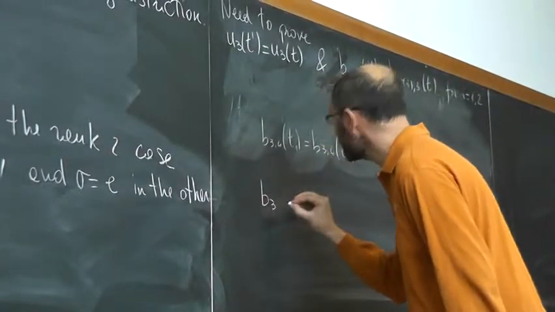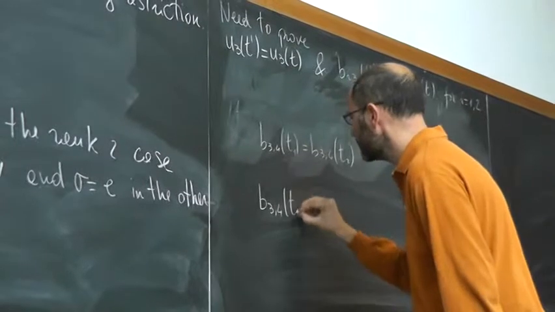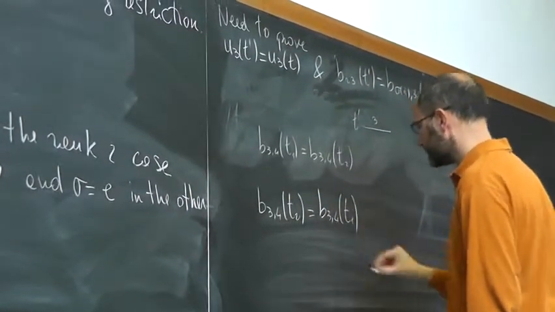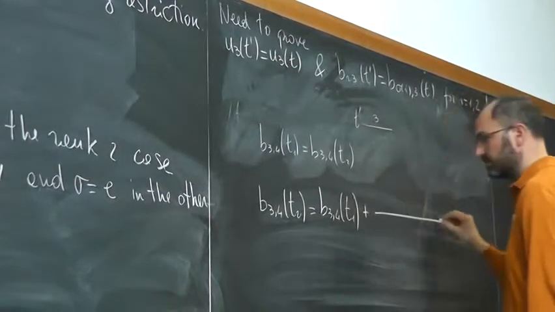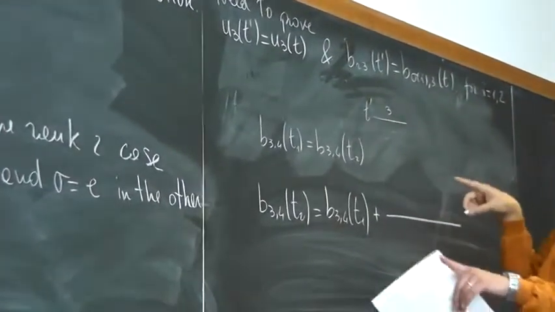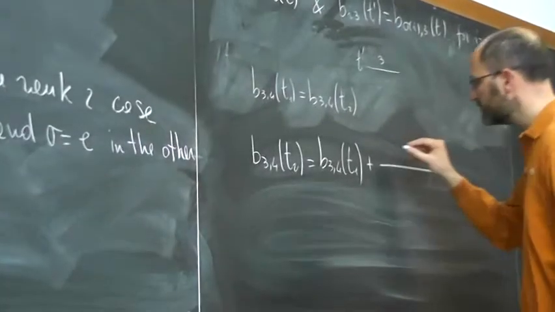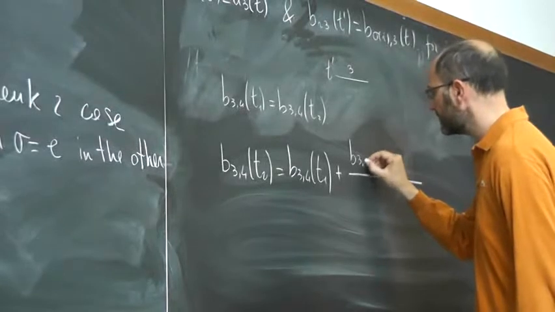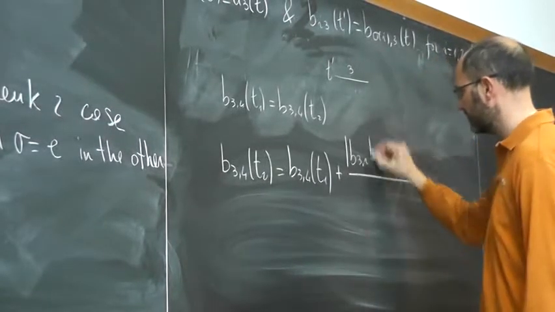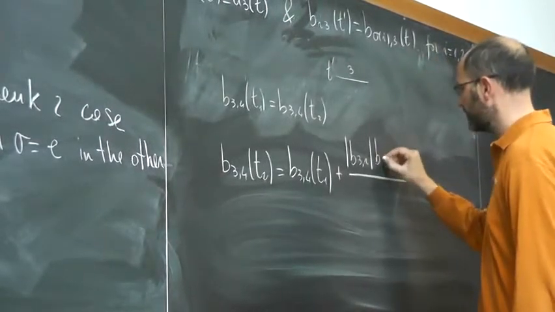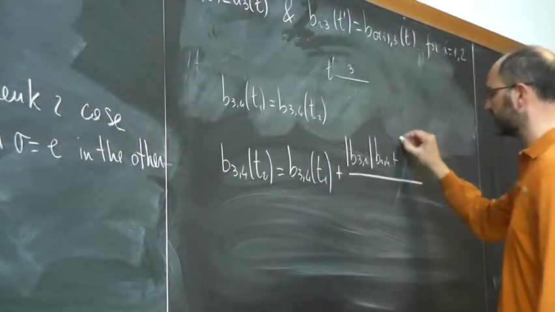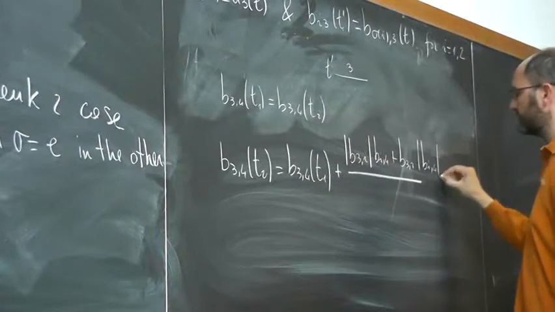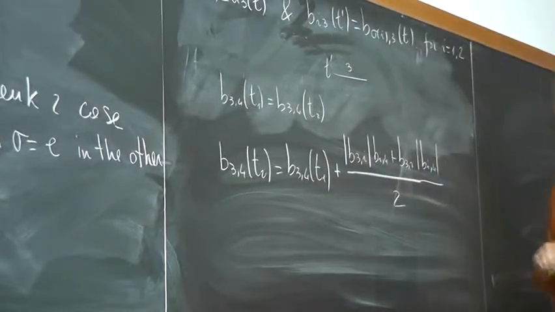We know from the mutation that B34 of T2 is equal to B34 of T1 plus, if the index is I, we have B3I BI4 plus B3I BI4 divided by 2.